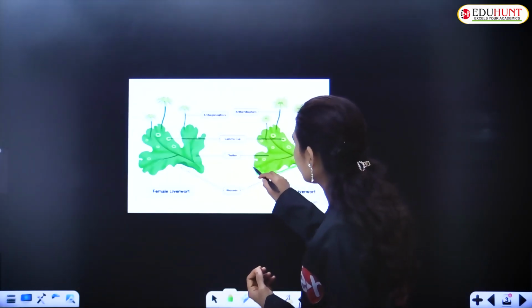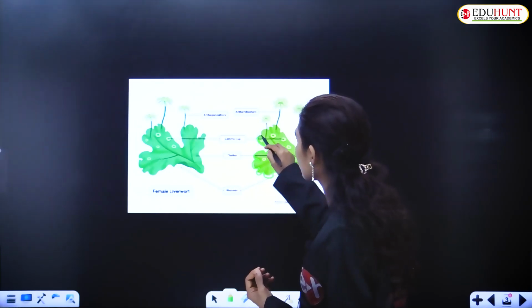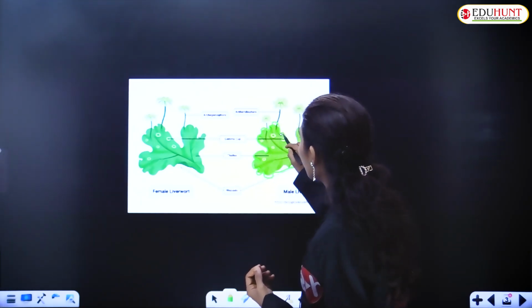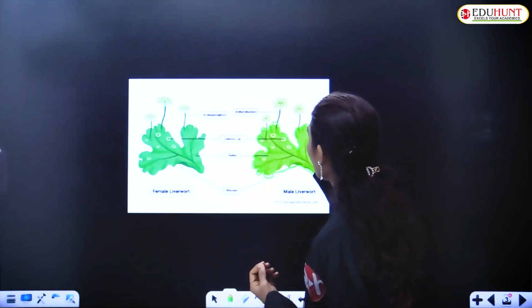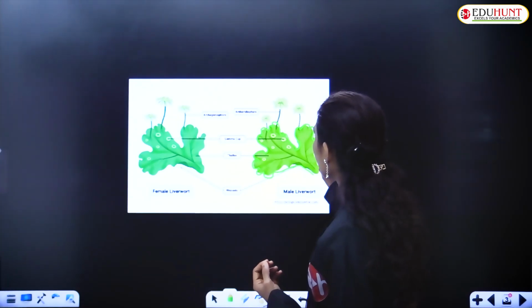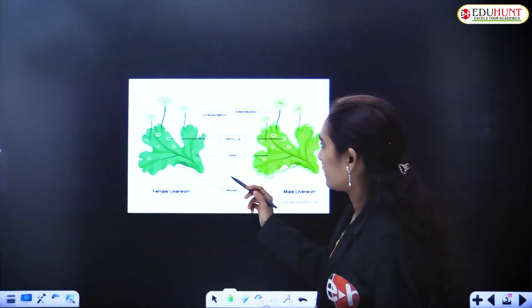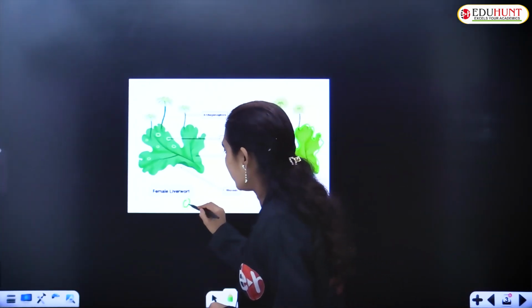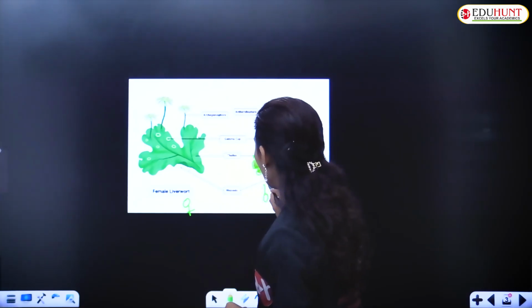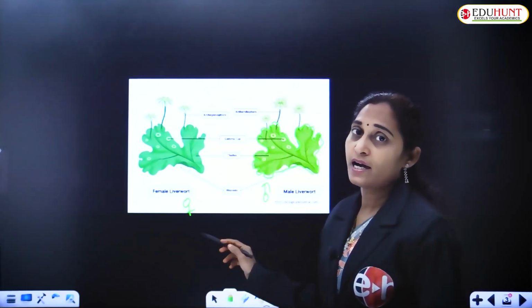It is dichotomously branched. That is why it looks like a liver, and that is why the members are called liverworts. This is a female liverwort and this is a male one. Female and male thalli are different.